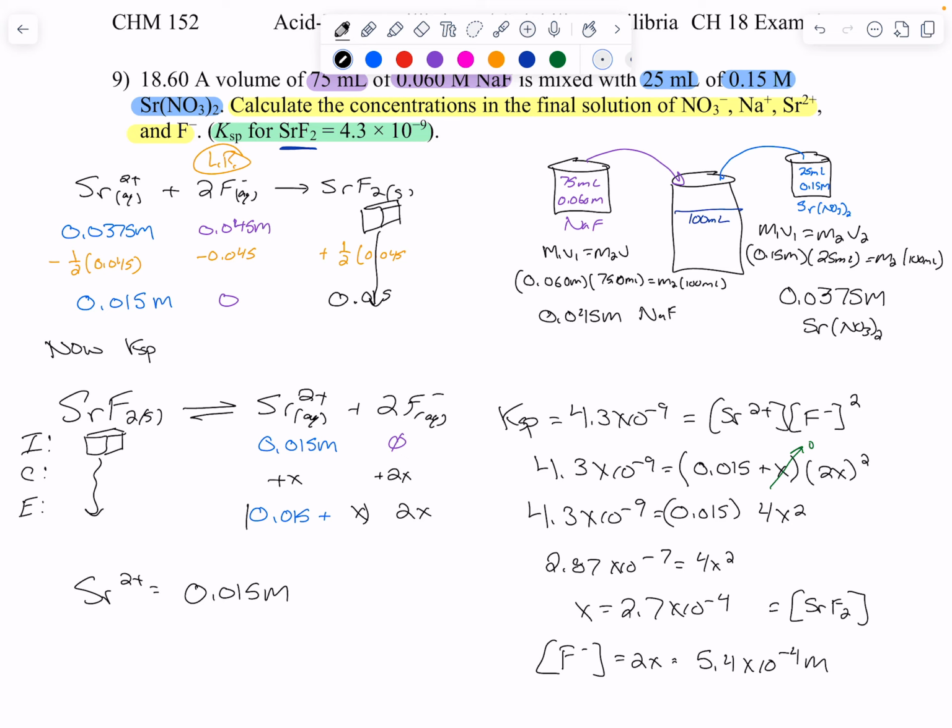That's what we got because it's the common ion, and there it is. Sodium we have as 0.045 molar because that didn't change here. That's right here. All right. Nitrate is double this. So the concentration of nitrate equals 2 times 0.0375, which I'm getting at 0.075 molar.